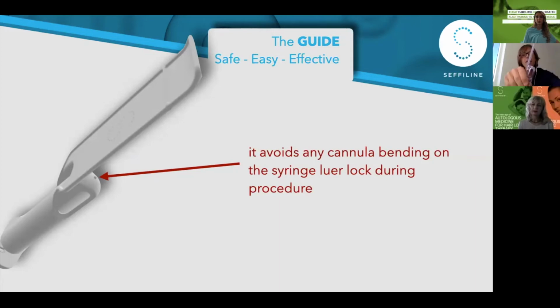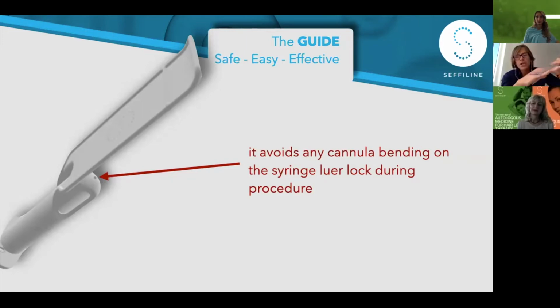Another important upgrade of the new 3.0 guide is this part of the guide. You can see that in this part there is a little hole. When you insert the cannula inside the guide, the cannula goes through the hole, and now the cannula is attached to the guide.